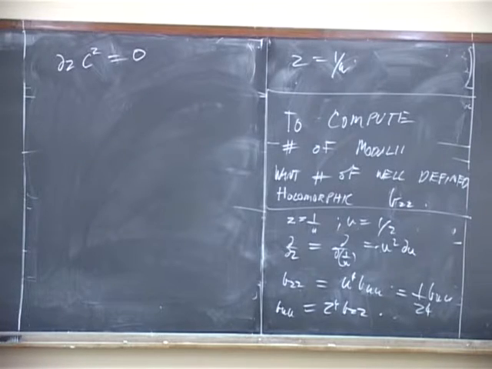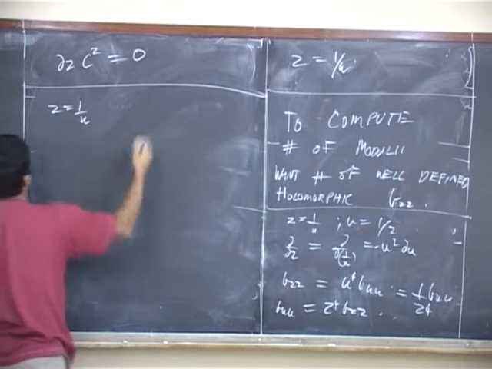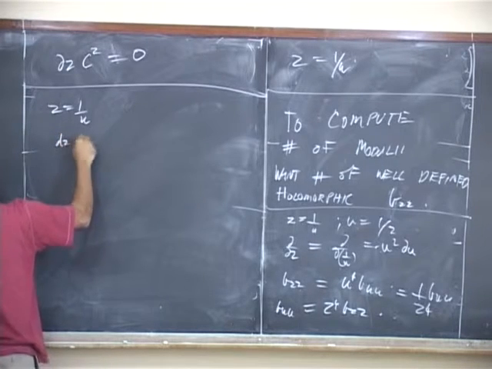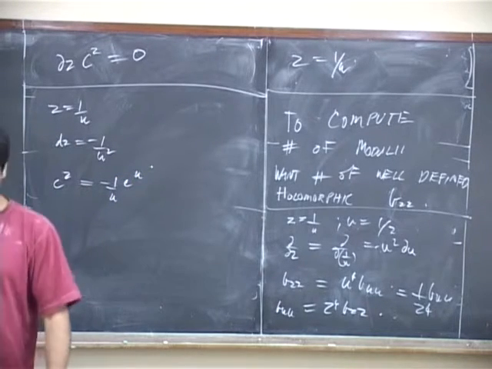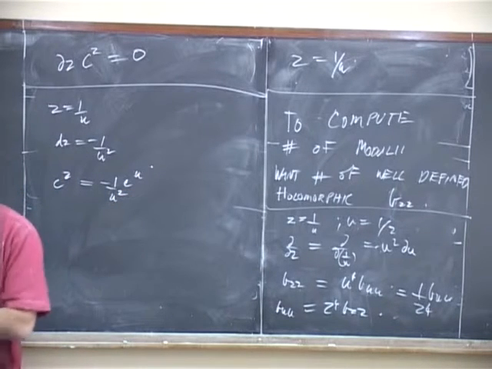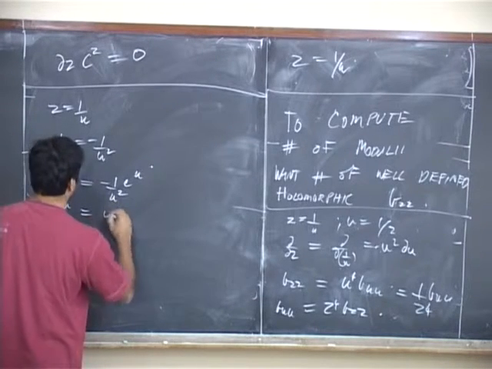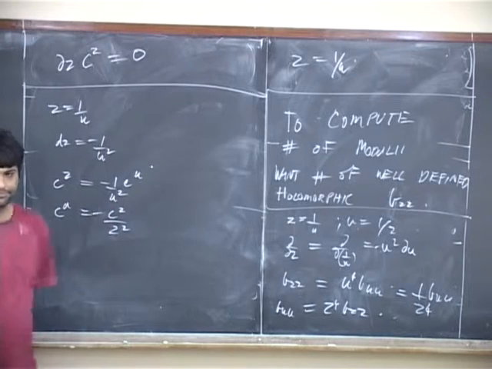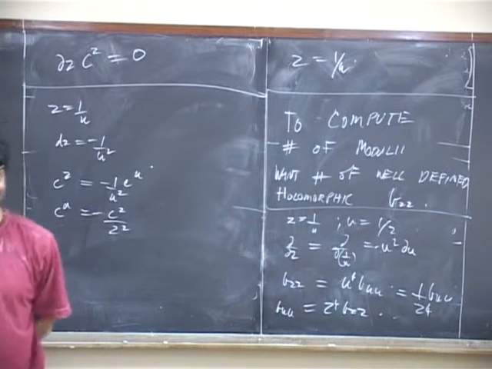Now let's work out the same magic. z is equal to 1 by u, so that tells us that c^z, which transforms like dz, where dz is equal to minus 1 by u squared du, so c^u is equal to u squared times c^z, which is c^z by z squared.